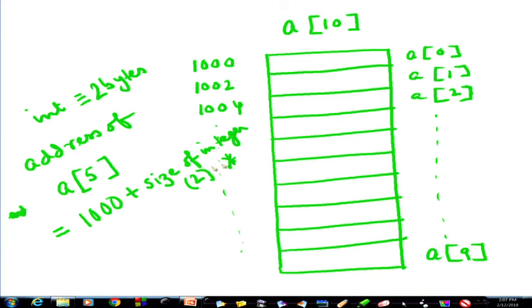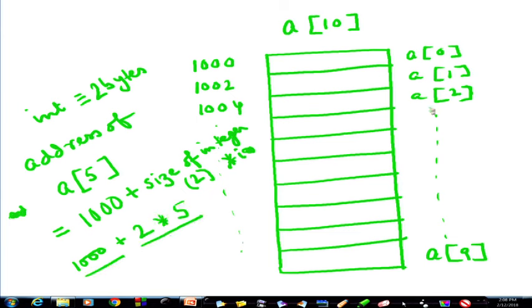Sorry, A5 will be the 6th element, right. So, 5 times whatever this is, suppose this is I, size of the integer times I. So, it will be 1000 plus 2 times 5, 1010.